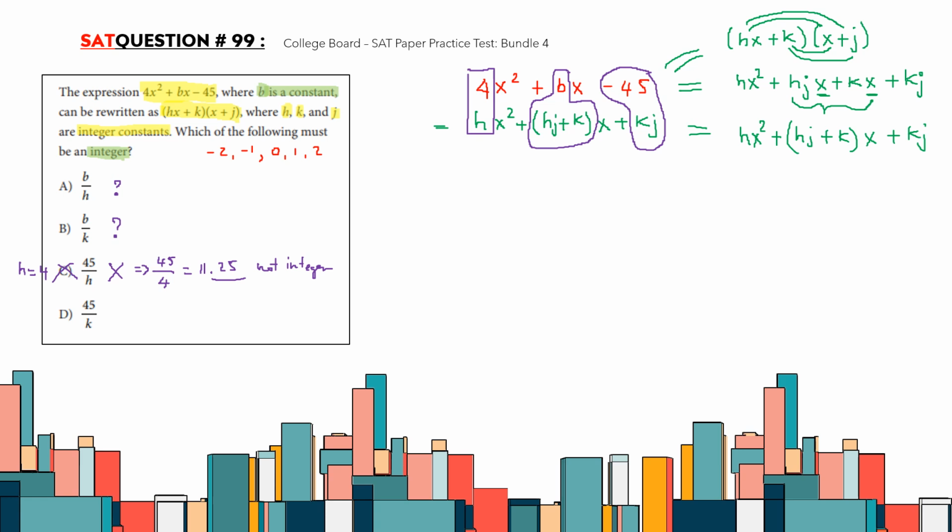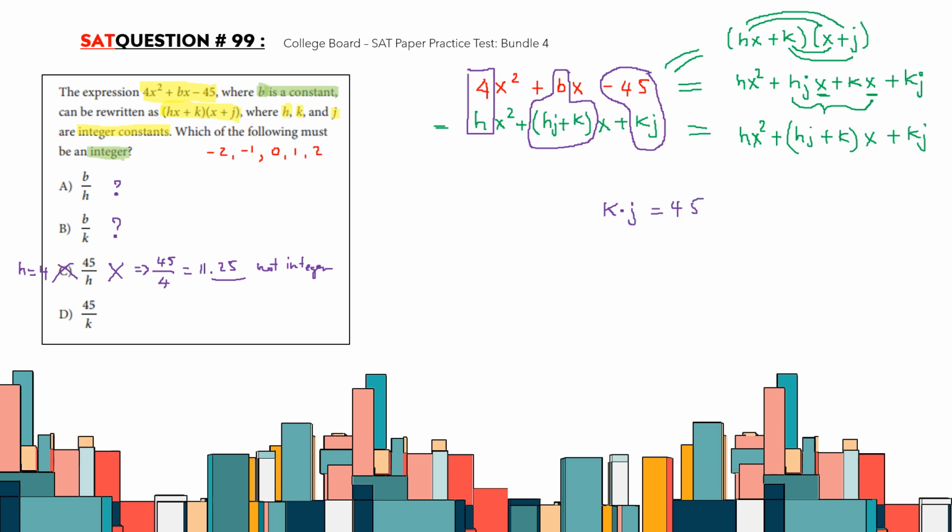Now about the other option, we're not sure because we don't know what b is. We don't know if it's divisible by h or not. We don't know about k as well. But the only thing we know is that k times j equals 45.